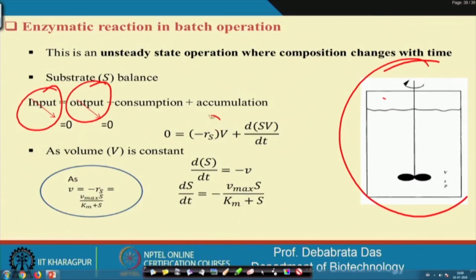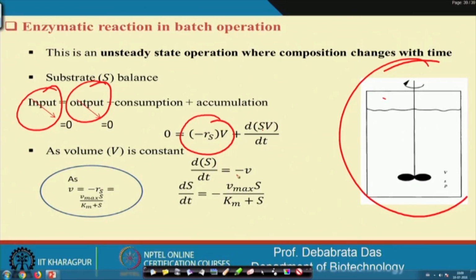What is the consumption? Rate of reaction into V, because rate of reaction is ds by dt. ds is the concentration, mass per unit volume. If you multiply it by volume, then you will get the total rate of change of the substrate molecule, and this is the accumulation, S into V, d by dt. This is called accumulation.